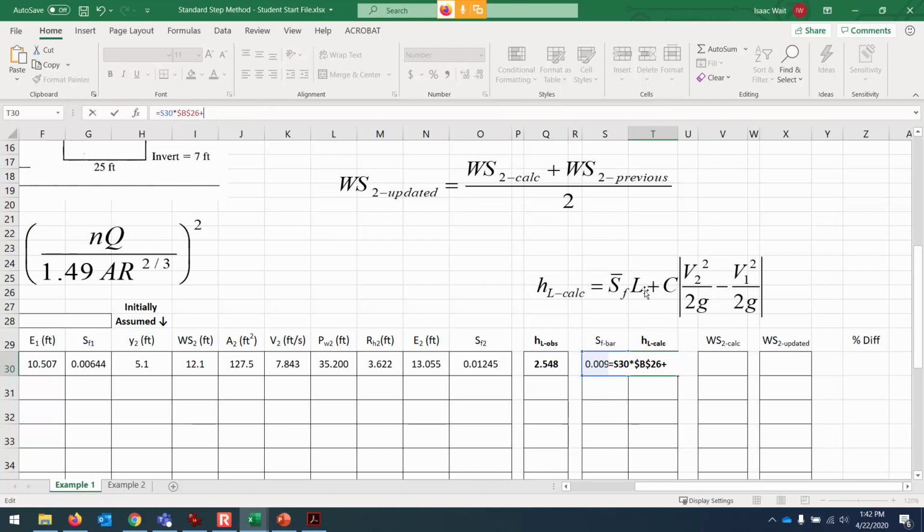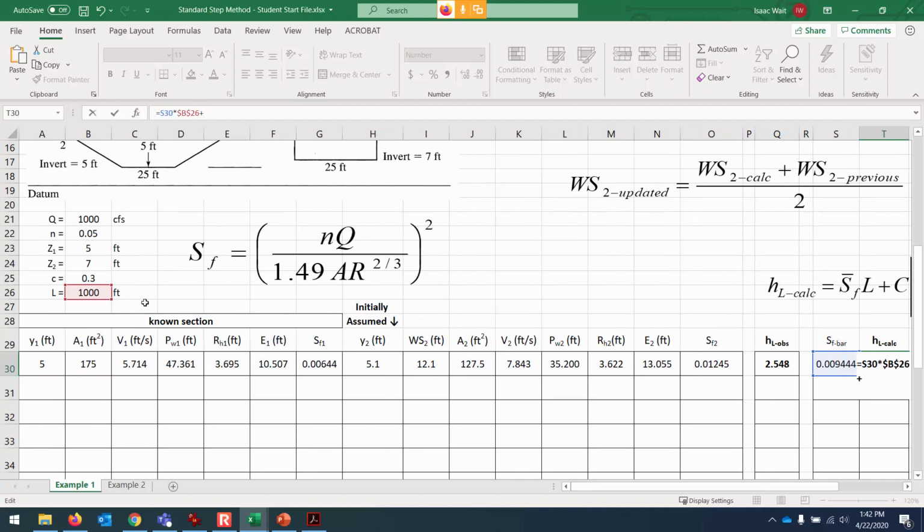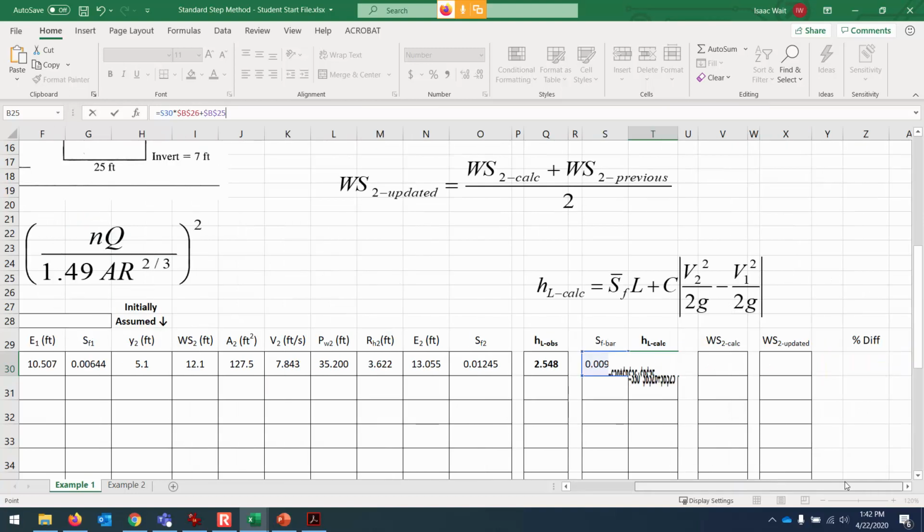Slope of the energy grade line times the length plus the C value. So here is the C value. Anchor that reference. And then we need to have the difference in the velocity head multiplied by the absolute value of the difference of the velocity head squared. So we've got to have the absolute value of v2 squared divided by 2g minus v1 squared divided by 2g.